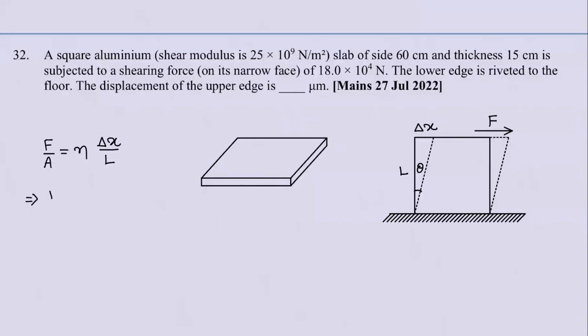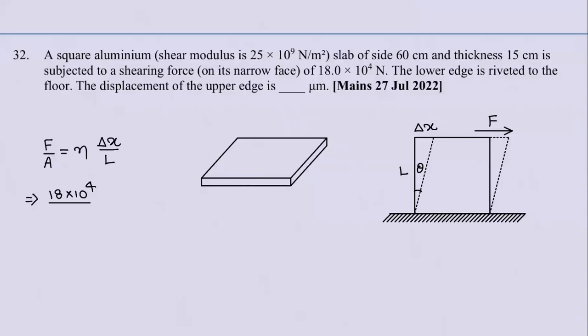Force is 18 into 10 power 4. Good. Area is equal to length into breadth. Length is 60 centimeter, which means 6 into 10 power minus 1.